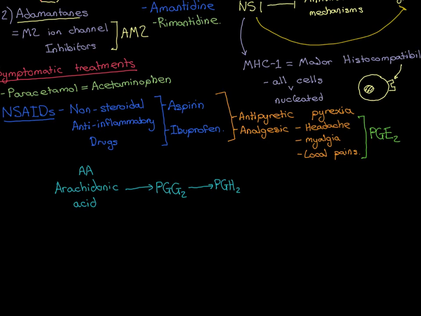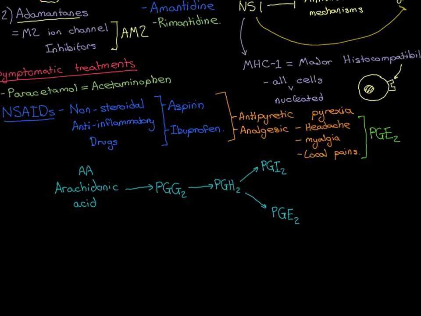So for instance, this one can go to make prostaglandin I2, and it can also be used to make prostaglandin E2. So, overall, the message here is that to make the end prostaglandins, like prostaglandin I2 and prostaglandin E2, we firstly have to take arachidonic acid and convert it into prostaglandin H2, and this firstly involves converting it into prostaglandin G2, which is then converted into prostaglandin H2.